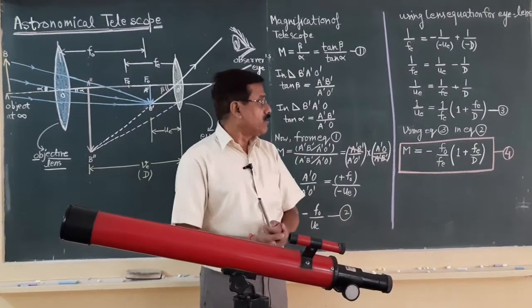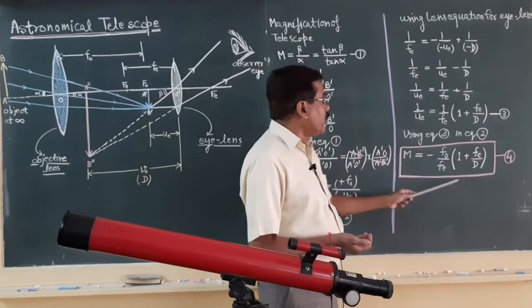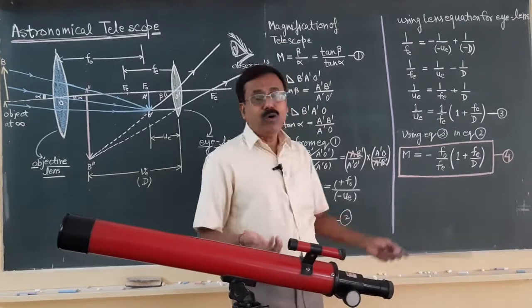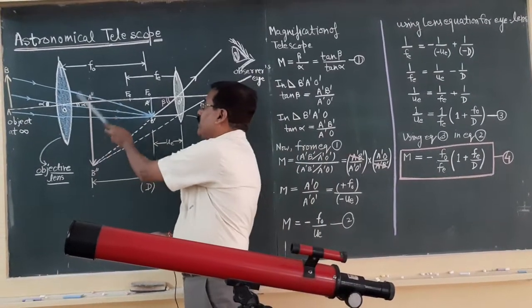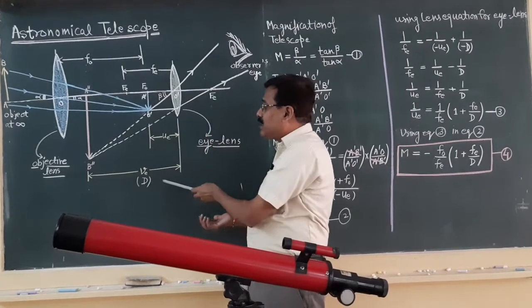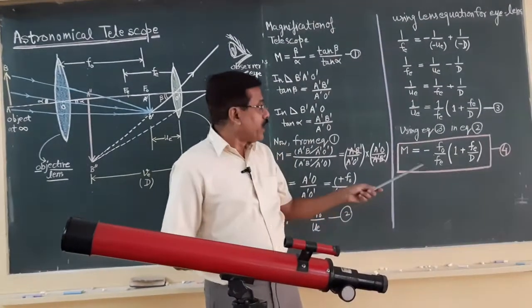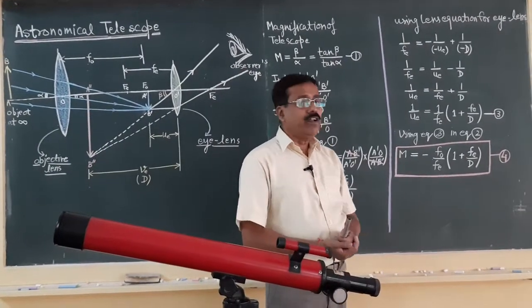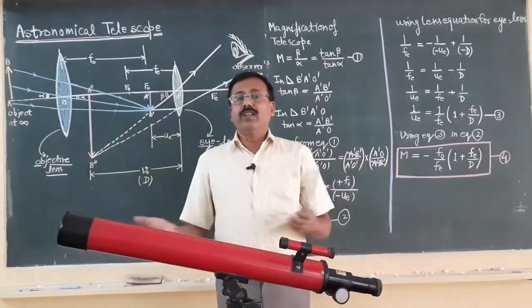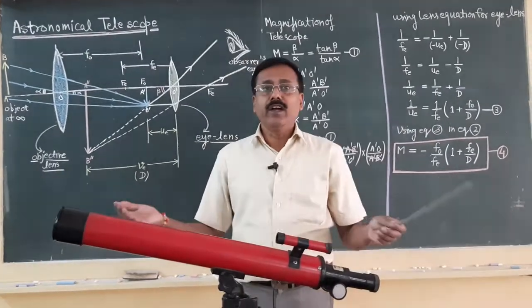And you see from equation number 4, the magnification is in terms of known parameters: the focal length of the objective lens, the focal length of the eye lens, and the least distance of distinct vision, which is 25 centimeters. So with the help of this expression, we can find the magnification of any astronomical telescope.